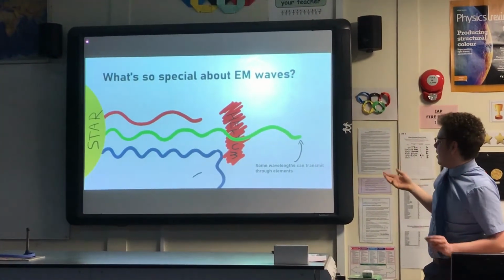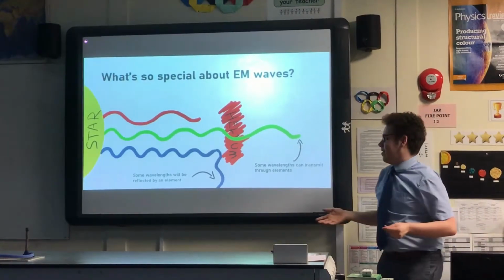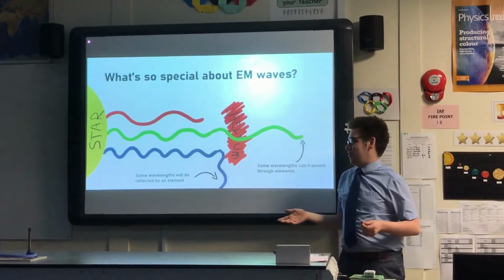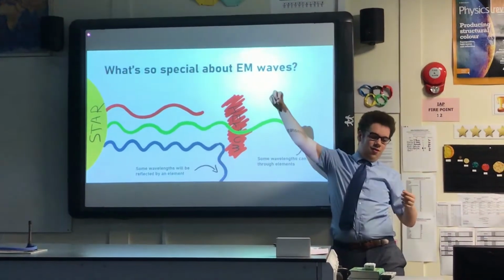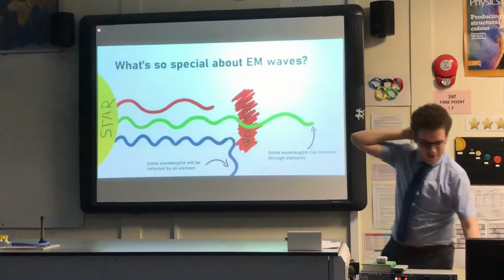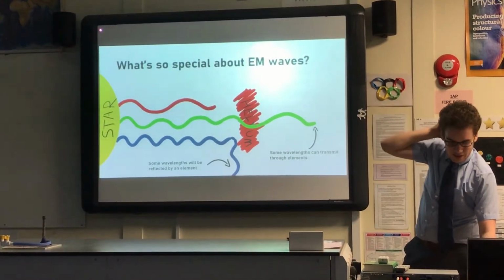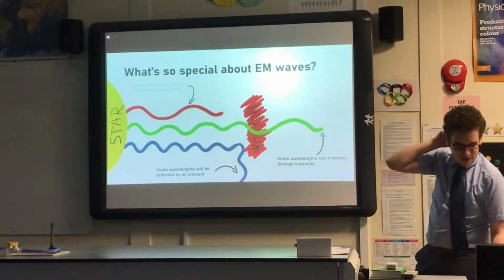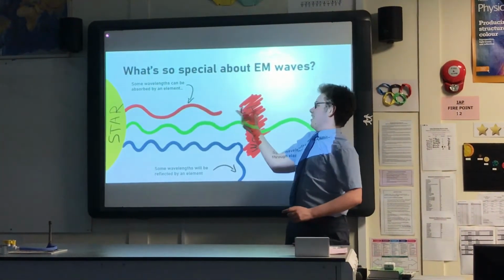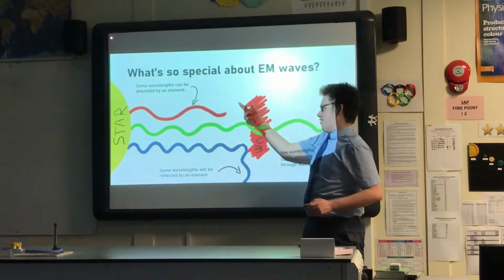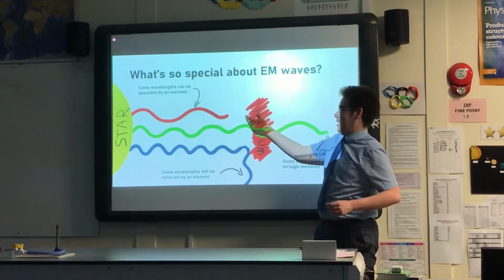However, some wavelengths can be reflected by an element. So our blue wave here just got bounced off by helium gas. And then finally, some wavelengths can be absorbed by this element. So you see this red wave interacts here and is absorbed by the helium.